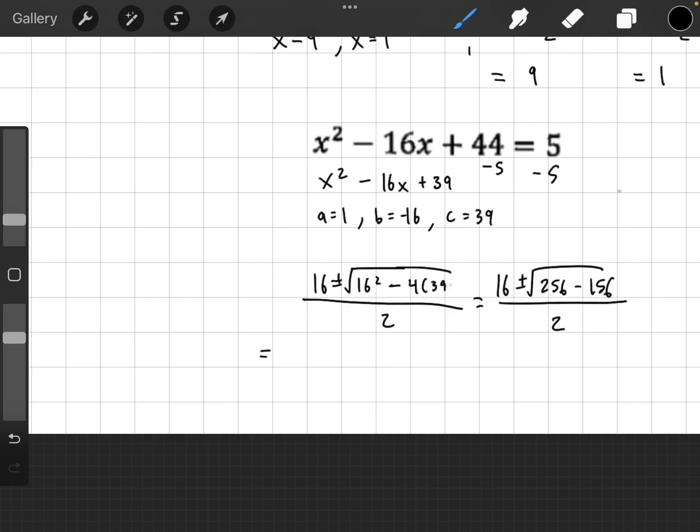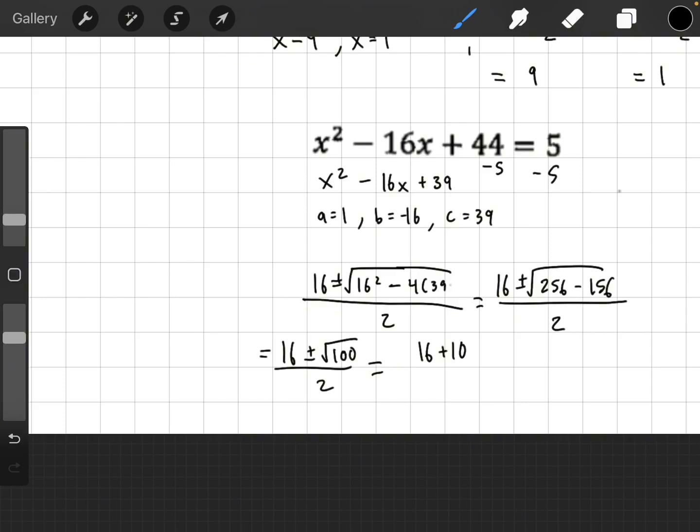We'll have 16 plus or minus the square root of 100, divided by 2.